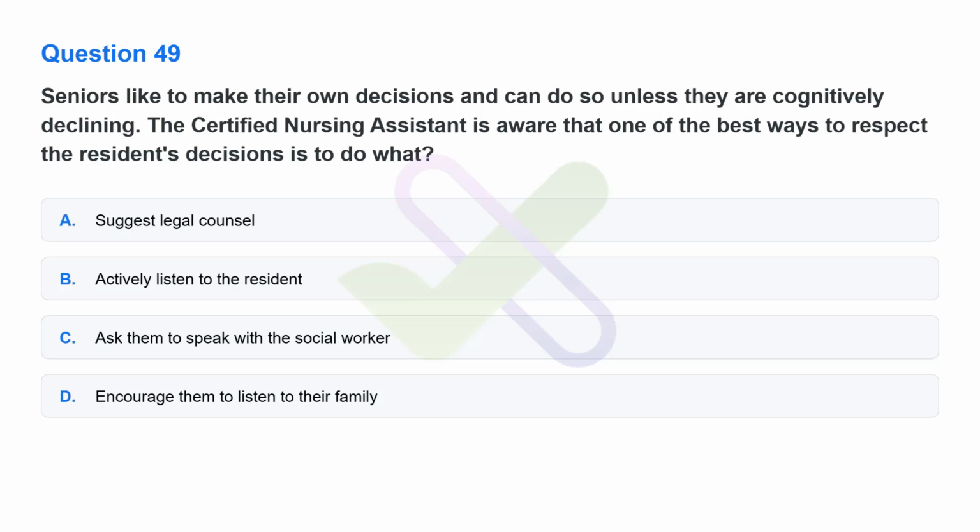The certified nursing assistant is aware that one of the best ways to respect the resident's decisions is to do what? A, Suggest legal counsel. B, Actively listen to the resident. C, Ask them to speak with the social worker. D, Encourage them to listen to their family.